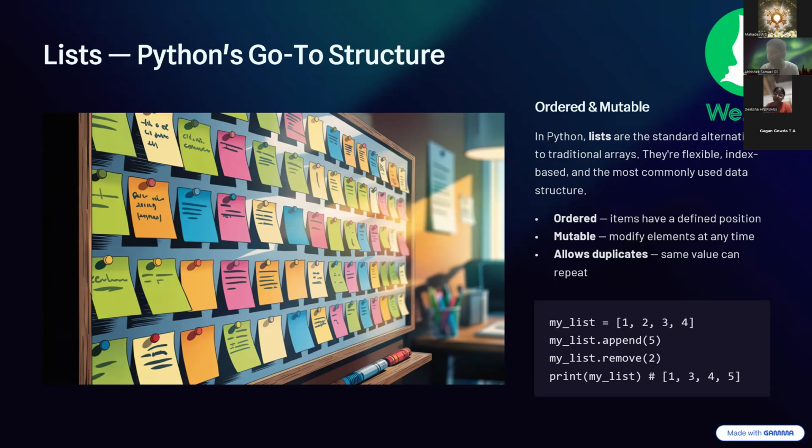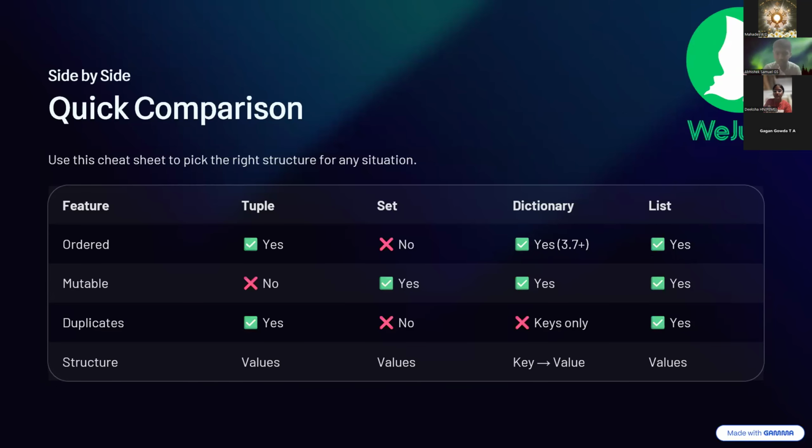Next, we will have a quick comparison of all four data structures. First, in the ordered section: tuples are ordered, sets are unordered, dictionaries are ordered, and lists are ordered.